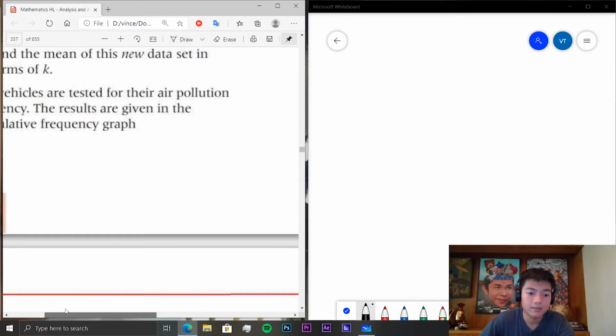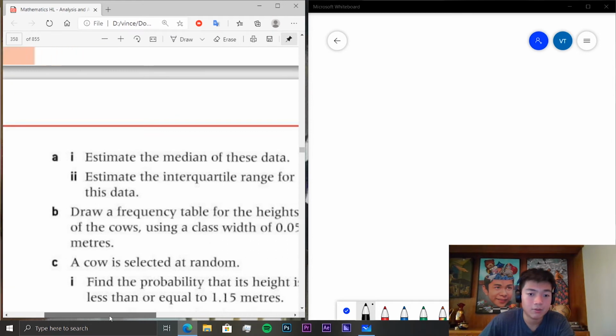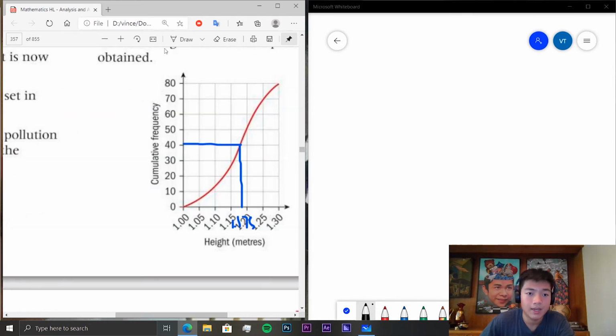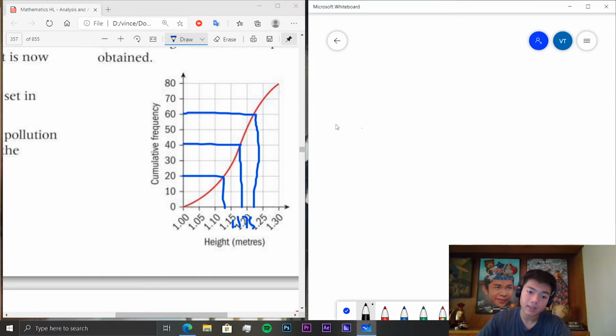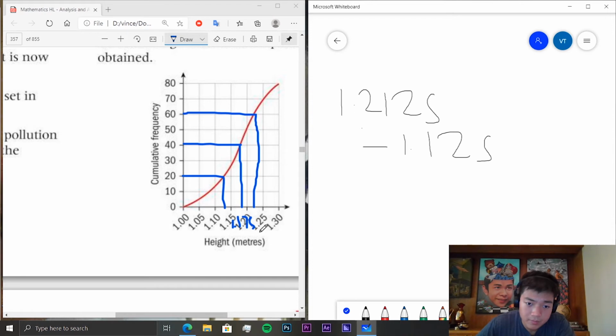So next, we need to estimate the interquartile range for the data. Let's get at 20, what is this equal to? It's around 1.125. And at 60, what is it equal to? It's around 1.225.